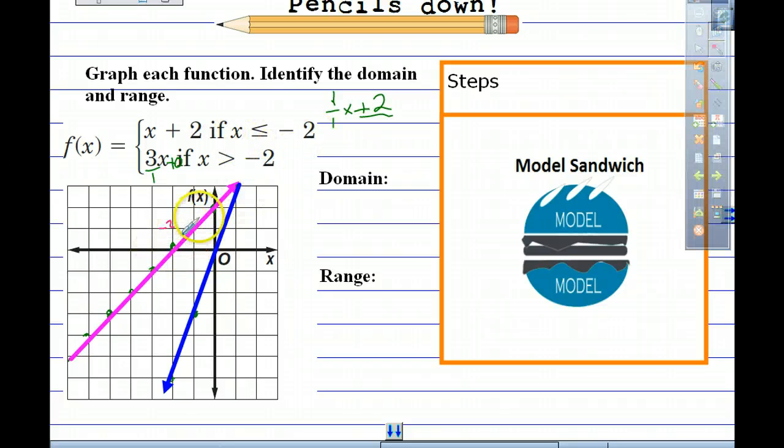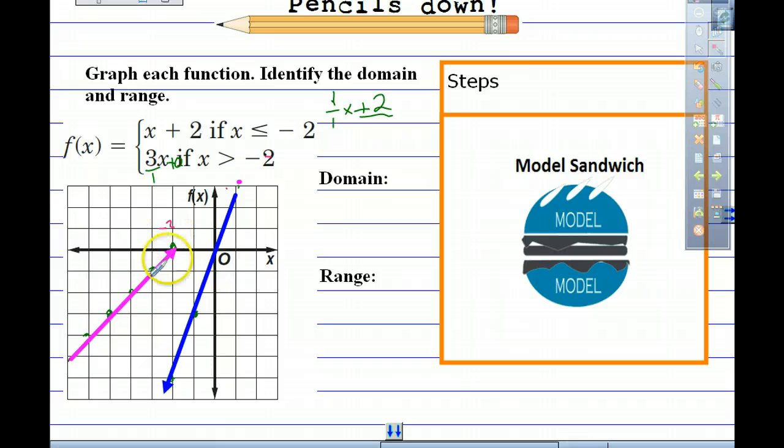I don't want this part over here. So erase it. Pink graph only goes up to -2. It says I only want it from -2 and to the left, less than -2. Same idea for here. I only want this graph from -2 to the right, greater than -2.